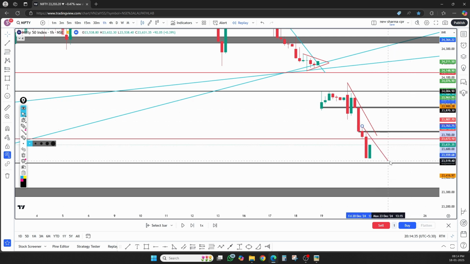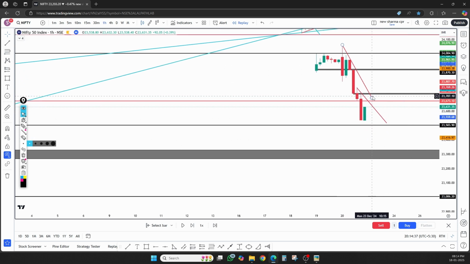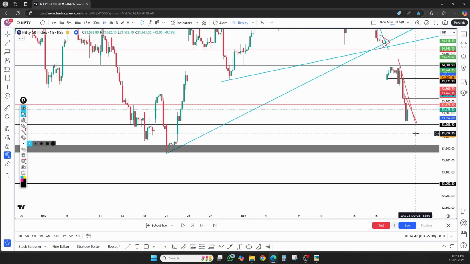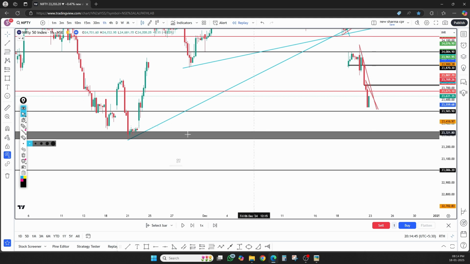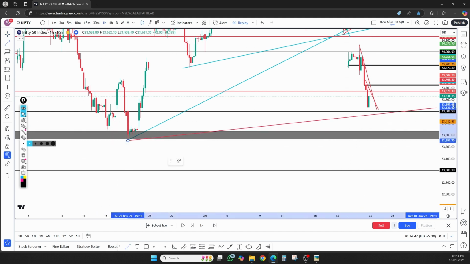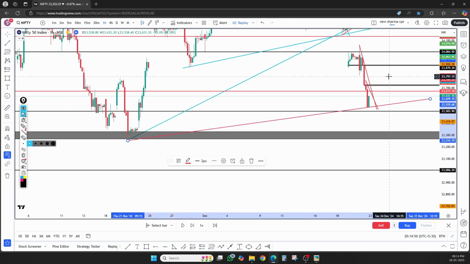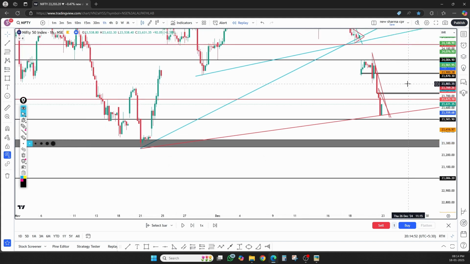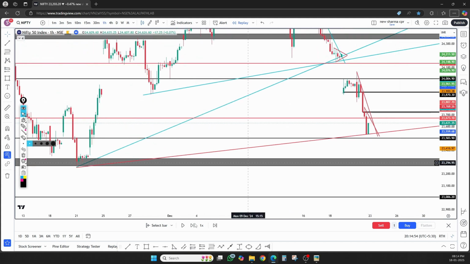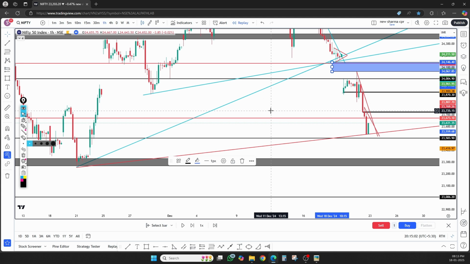Again we have this trend line also. Now we have drawn one trend line from this previous support. So that's okay. Now if you wish, you can mark this gap with a blue color.